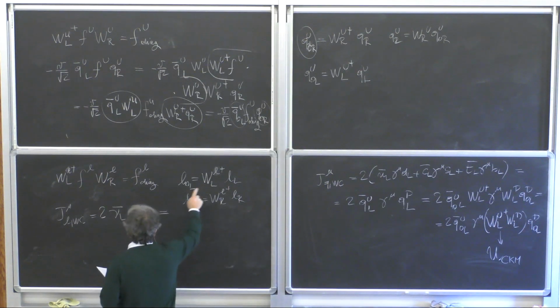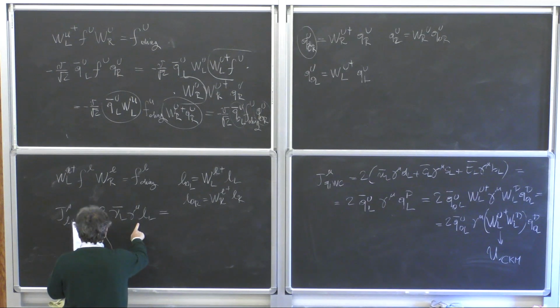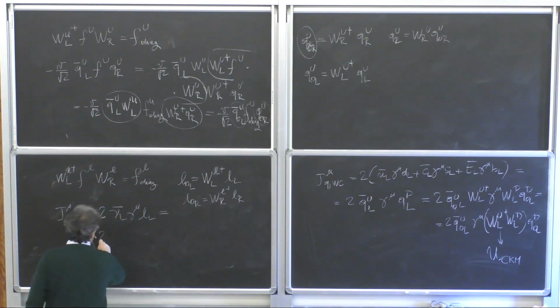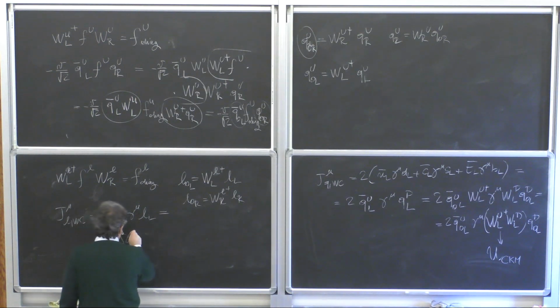And here I can insert twice the identity. So twice nu bar L gamma mu.